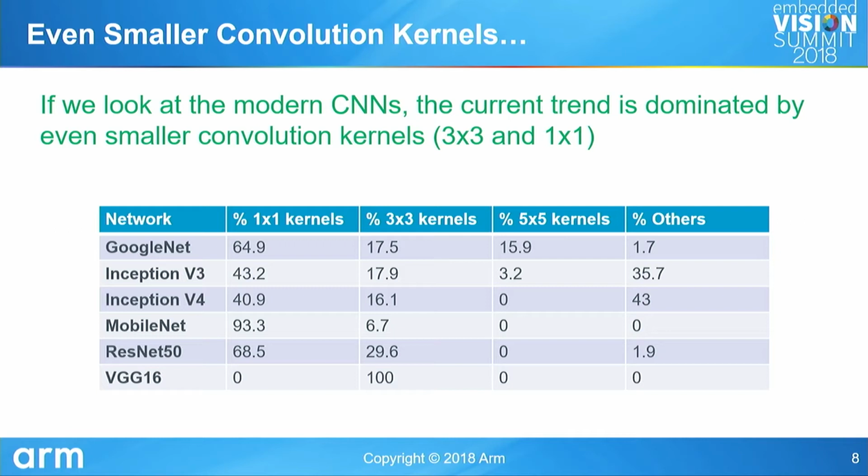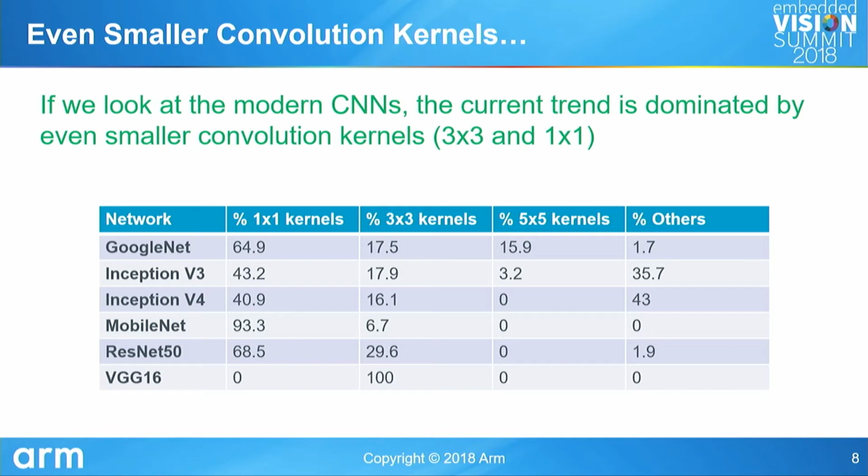And each column reports the percentage of a kind of convolution kernel size over the total amount of convolution kernels. So essentially, in the first column, we have the total amount of 1-by-1 kernels available in the network. The second column reports the number of 3-by-3 kernels. The third column, the number of 5-by-5 kernels. And in the end, we have the other columns, which are not 5-by-5, not 3-by-3, and not 1-by-1.